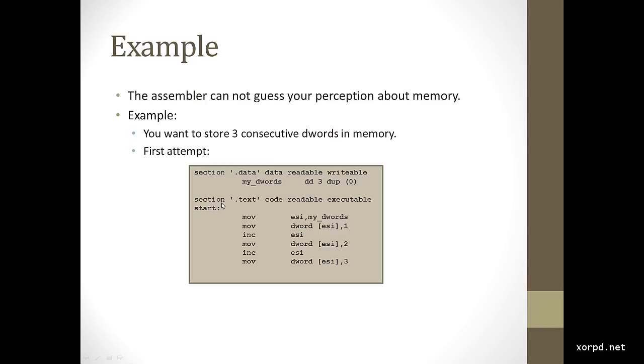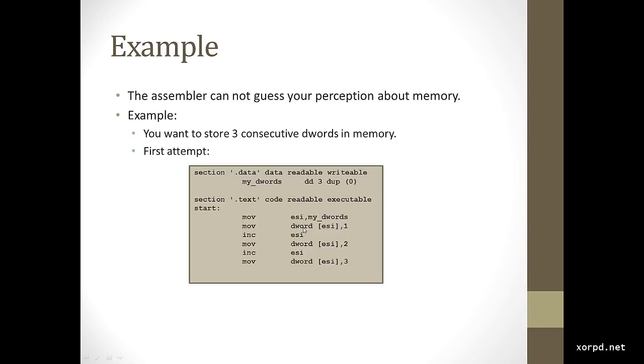And then we have the text section, which actually contains the code that is going to run. First, we move the label MyDwords into ESI. Now ESI points to the location in the memory where the 3 dwords begin.